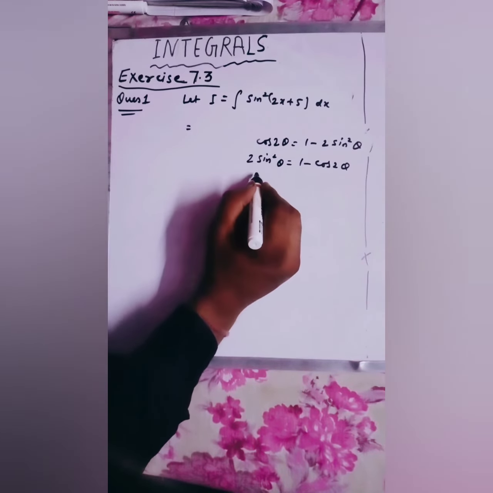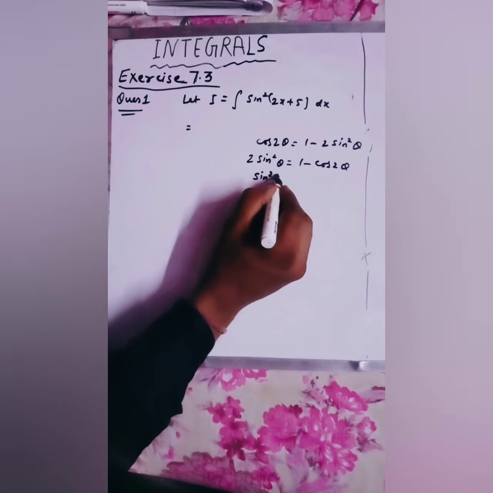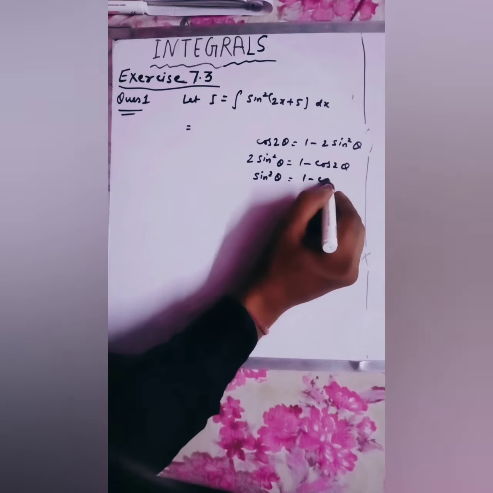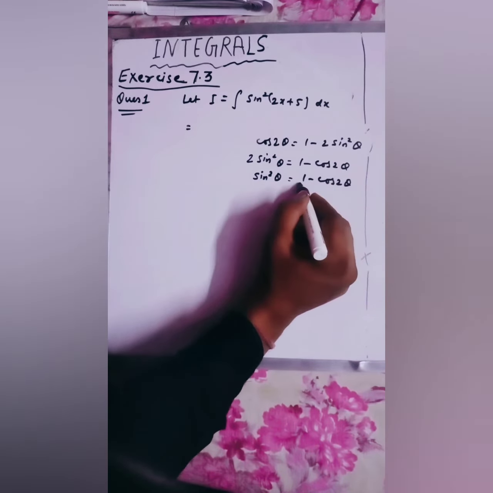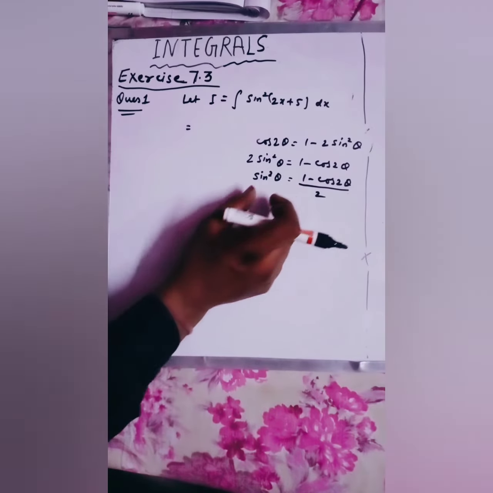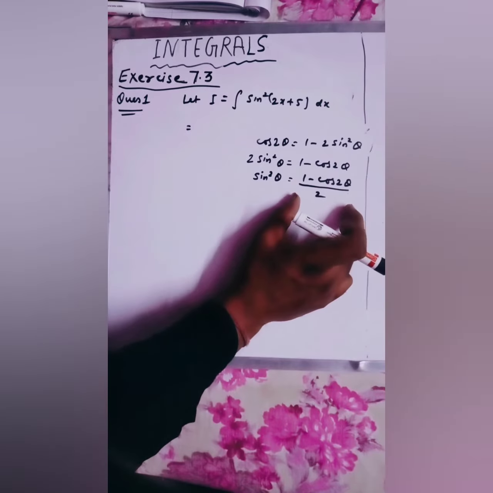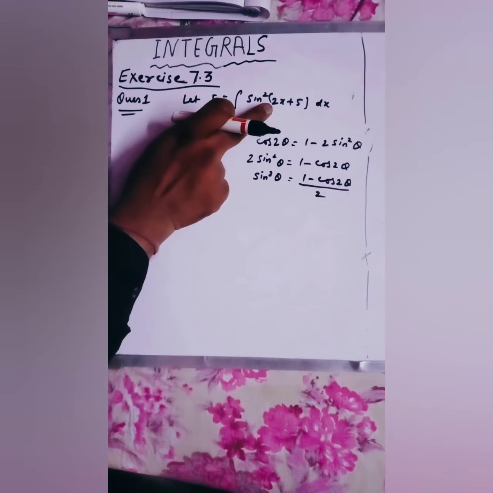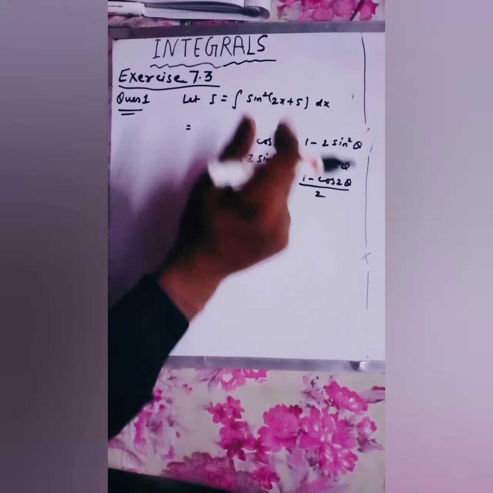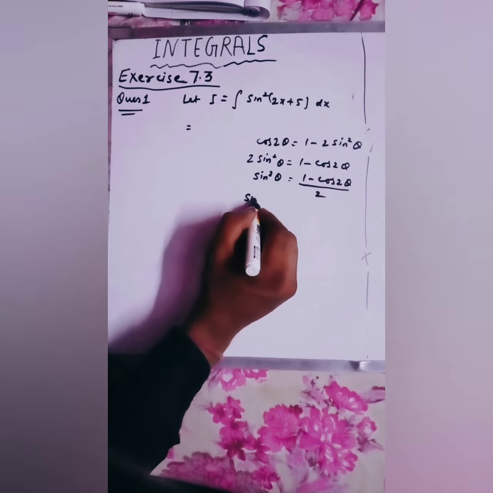Now, sine square theta is equal to 1 minus cos 2 theta over 2. This is the value of sine square theta, which you have to use. Here we have to replace theta by 2x plus 5. So I am replacing this value here.